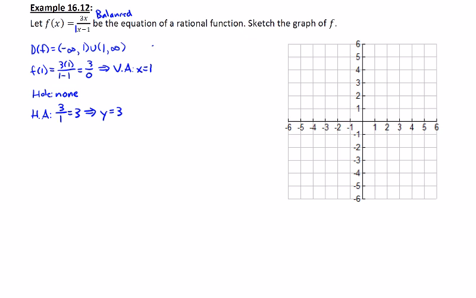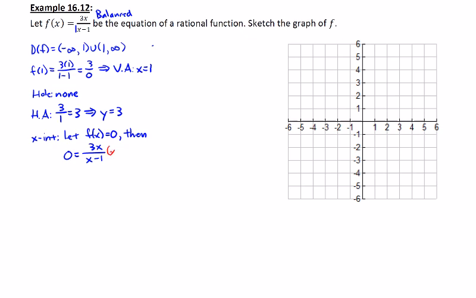Step number 4 is to find the intercepts. For the x-intercept, we're going to let f of x be equal to 0. And then that's going to give us the following statement: 0 equals 3x over x minus 1.